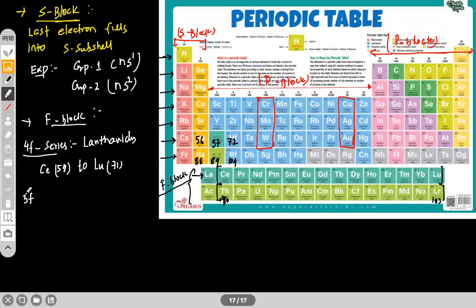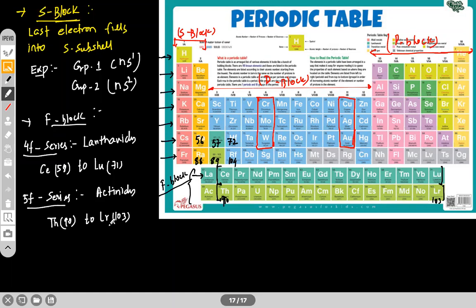Another one, we have 5F series, which we also call actinides. It starts with thorium, 90, and goes to lawrencium, 103. Always keep that in mind.